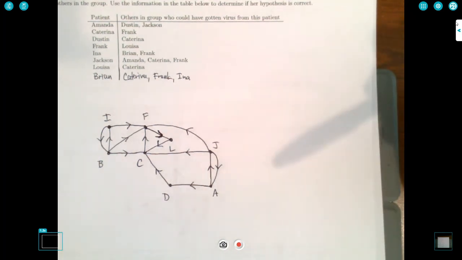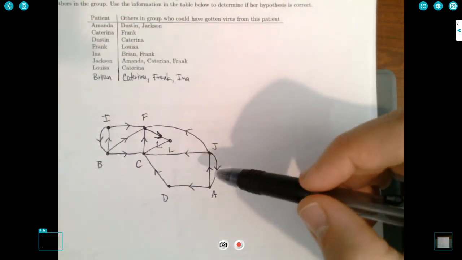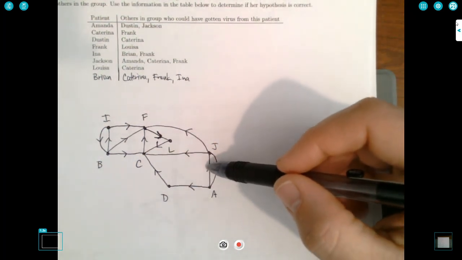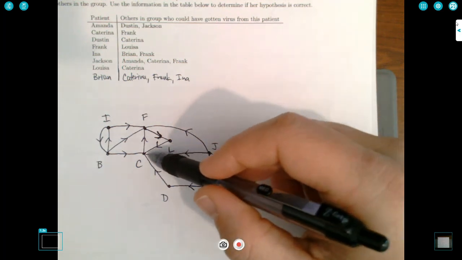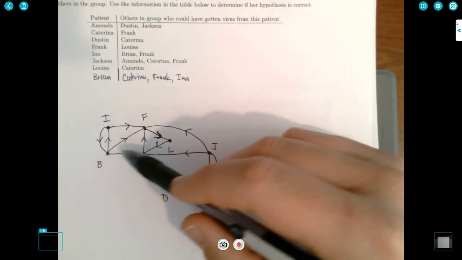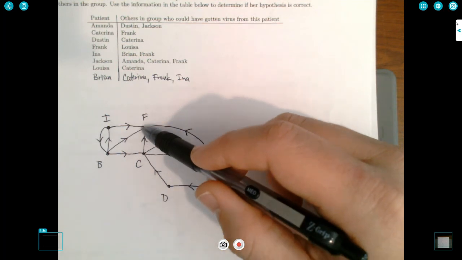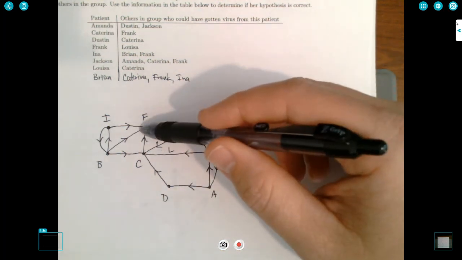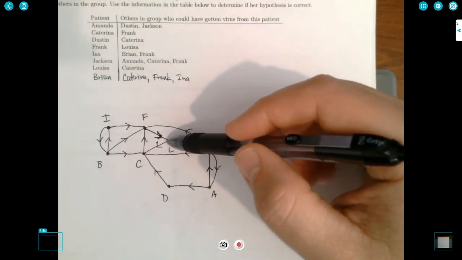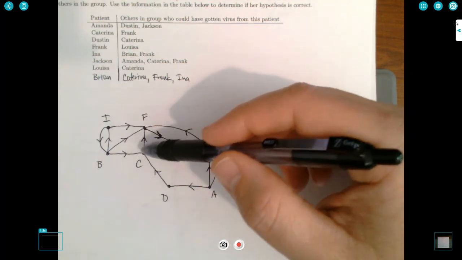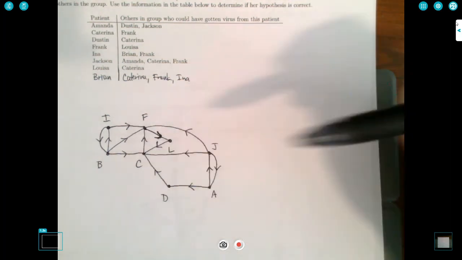Is that possible? Let's see. Maybe it went up this way and then over this way, but it can't get to Brian that way, so maybe it goes up. And then it has no choice but to go this way and then back this way, and I just end up in this never-ending loop.